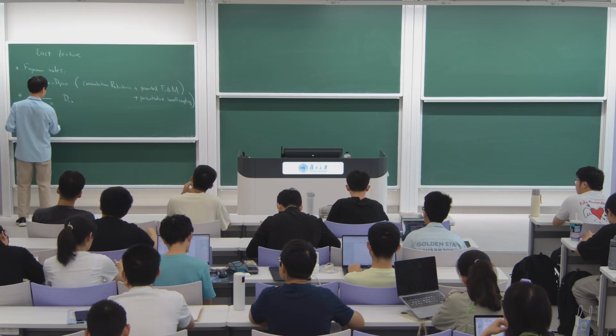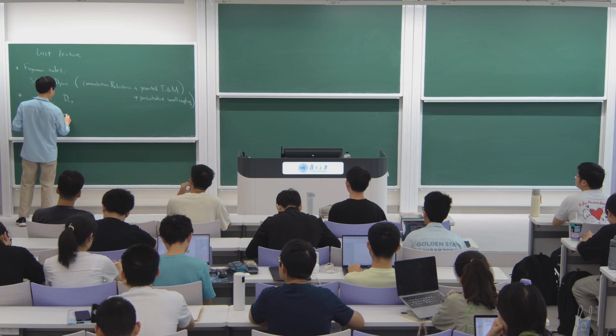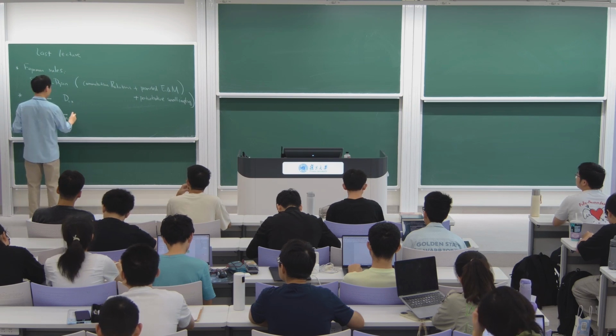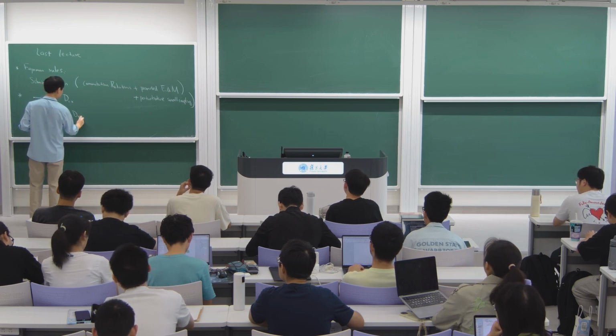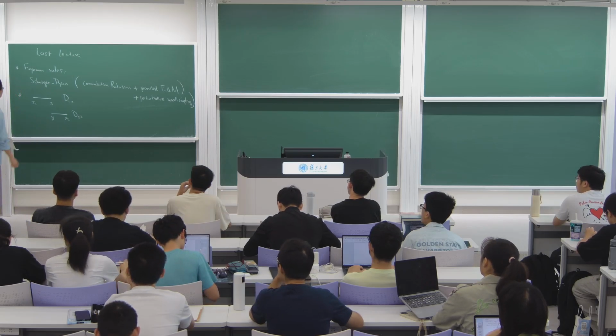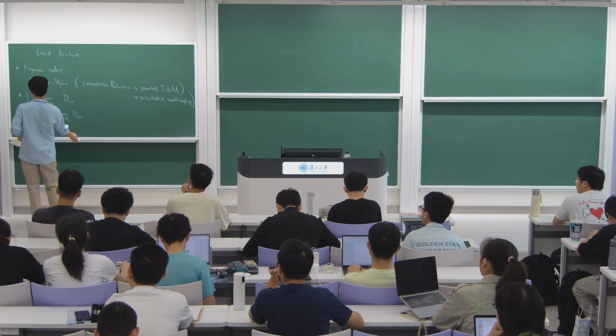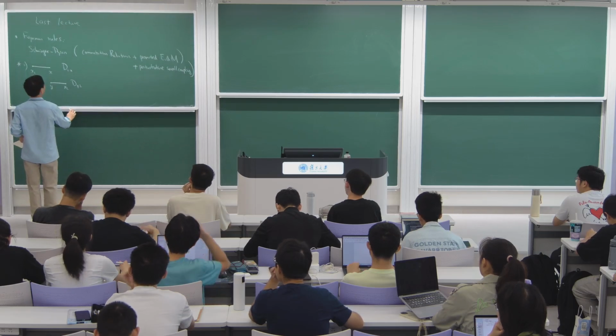And whenever you have something like y, x2, then you assign the propagator like D2. Okay? And this is the piece of the rules.